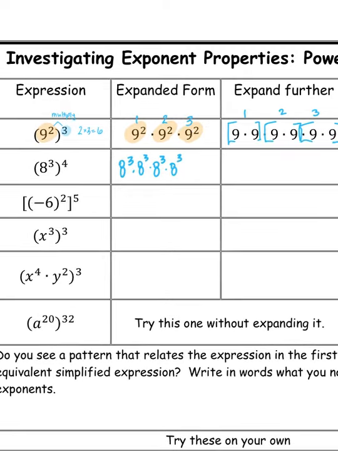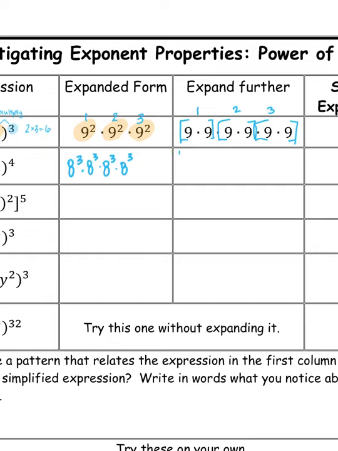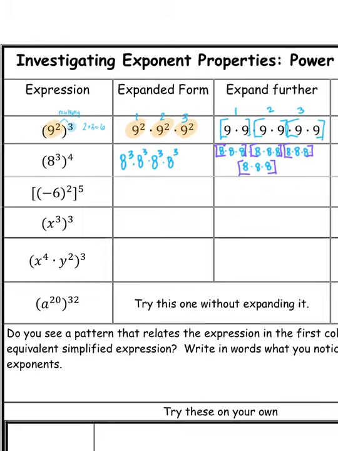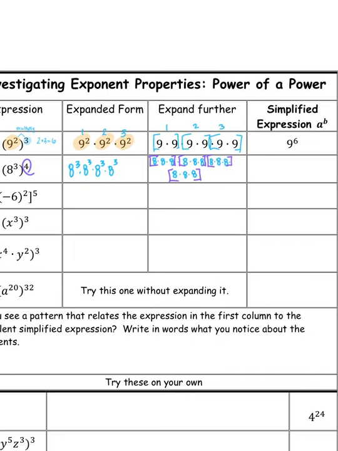And if I expanded it even further, I would have 8 times 8 times 8, 8 times 8 times 8, 8 times 8 times 8, 8 times 8 times 8. So here's one set of 3, one set of 3, one set of 3, one set. And I did that 4 times because it's to the 4th power.